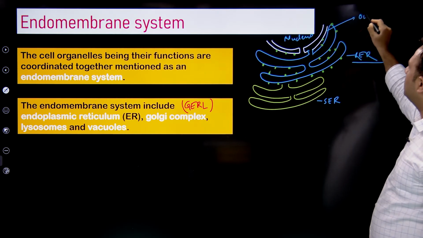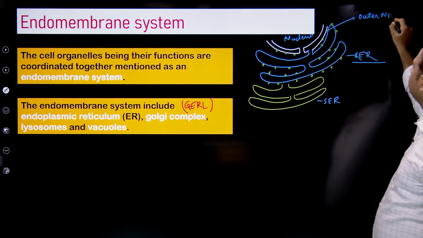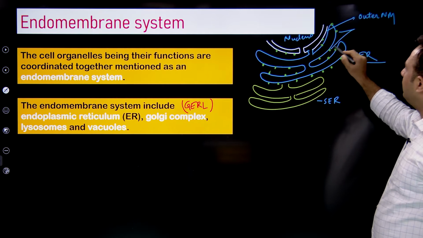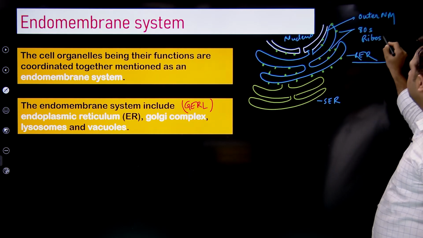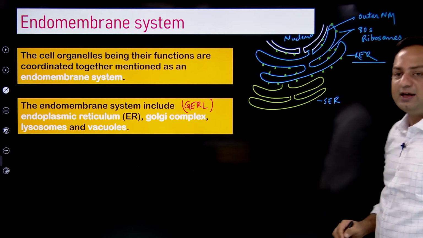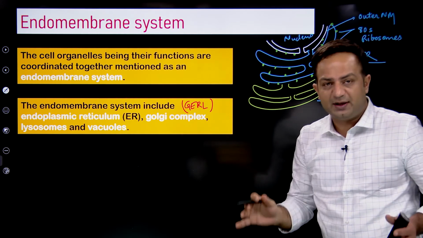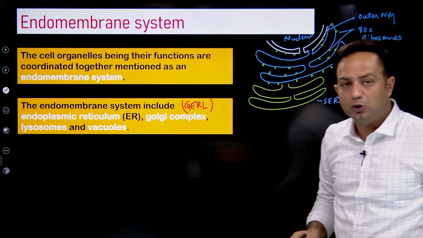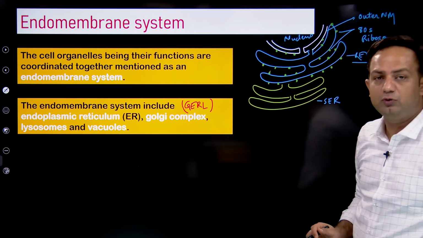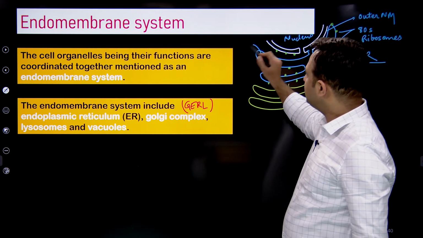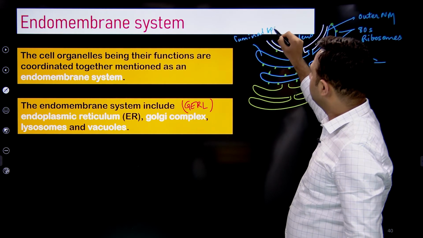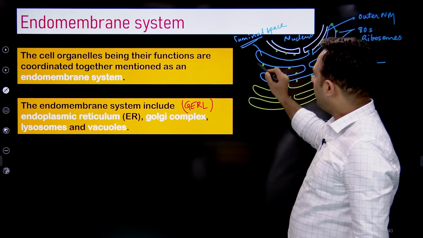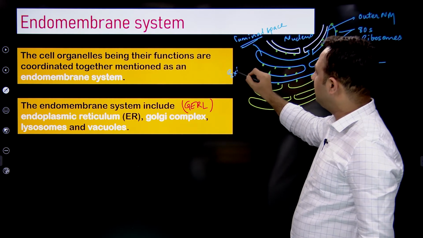This inside is the nucleus. This one is the outer nuclear membrane. These green bodies are 80S ribosomes. The ER has created two places, one inside the lumen, outside extra lumen. This place is the luminal space and the outside is the extra luminal space.